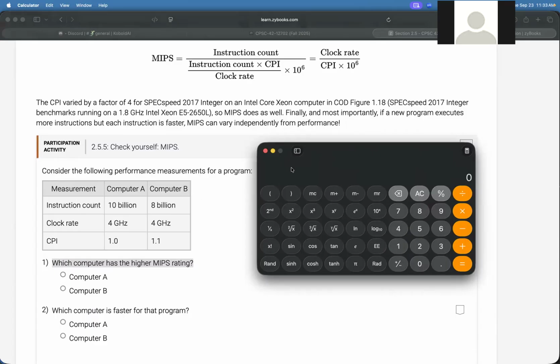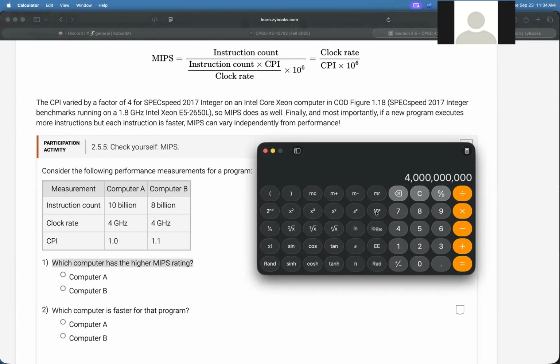So in the first case, computer A here, we want to run 10 billion instructions. That's the instructions on the bottom. The clock rate is 4 gigahertz. So 4 gigahertz is 4 billion. They're both 4 billion. So there's your 4 billion.